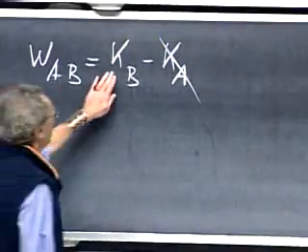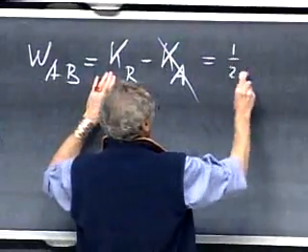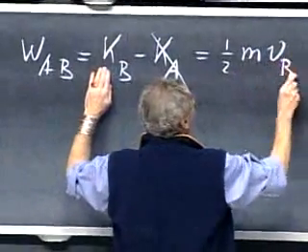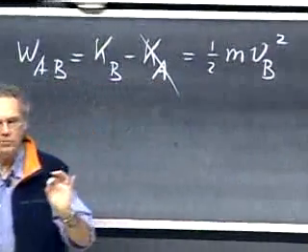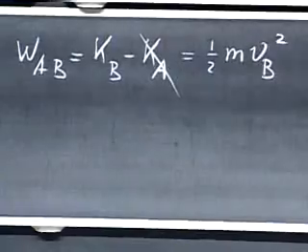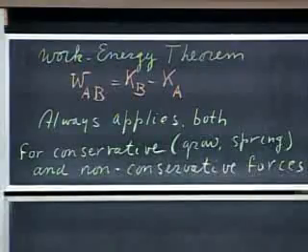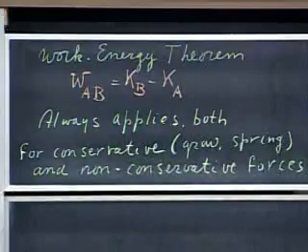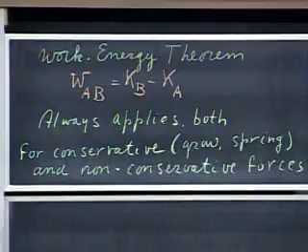And so the kinetic energy at B is clearly 1/2 m vB squared. So it comes down now to applying the work-energy theorem and calculating how much work was done by all the forces at stake, conservative and non-conservative, makes no difference, and that put it equal to 1/2 m vB squared.